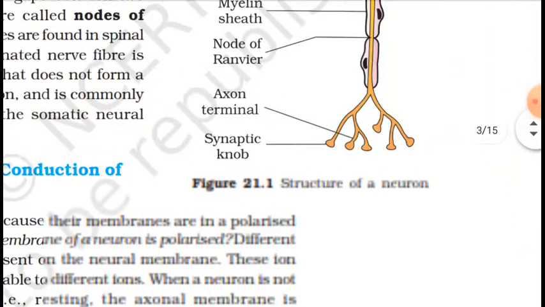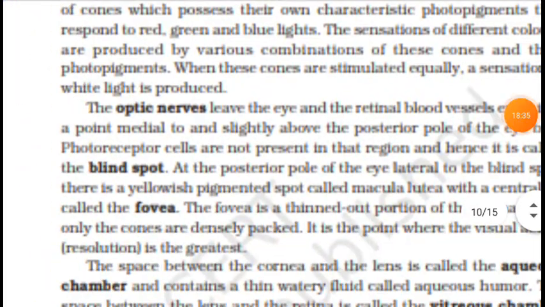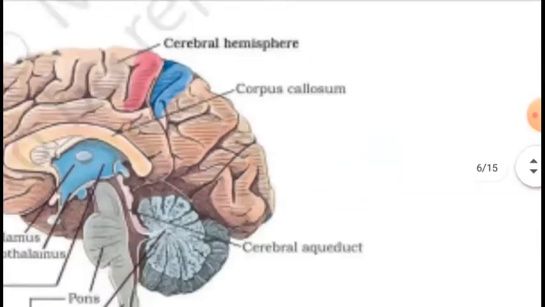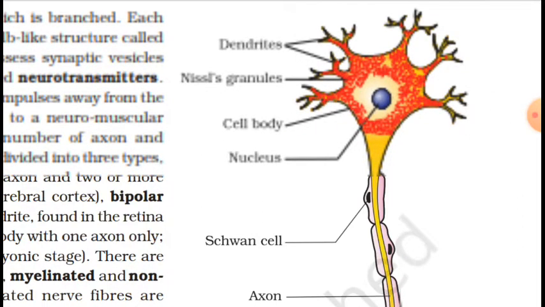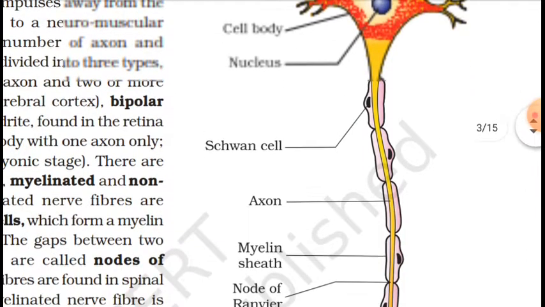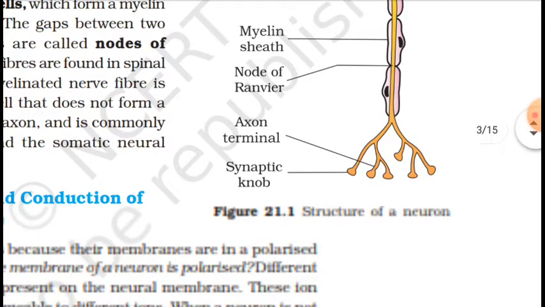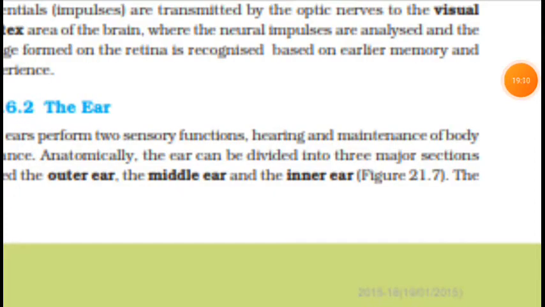In this figure, this diagram, we can understand the structure of the neuron. It means the structure of a typical neuron or nerve cell present as a structural and functional unit of the human nervous system, we can say here. In this diagram, we can clearly see these parts: cell body, dendrite and axon. So it's the structure of a typical neuron, which is a structural and functional unit.